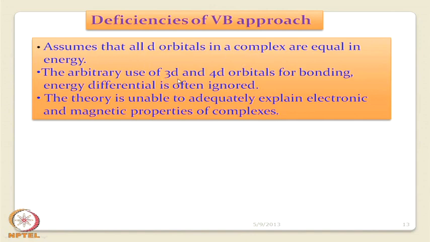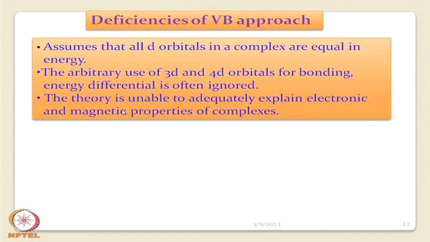There is also the arbitrary use of 3d and 4d orbitals, as we have just seen, chosen to fix the magnetic moment as paramagnetic in one case and diamagnetic in another, ignoring the energy difference.